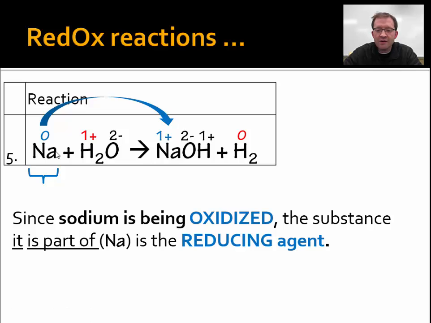So in this case, sodium serves both as what's being oxidized and as the whole reducing agent. Sometimes the element being oxidized or reduced is part of something bigger, like the hydrogen is part of water here. The sodium in this case, though, is part of nothing bigger. It's just an element in this reaction.